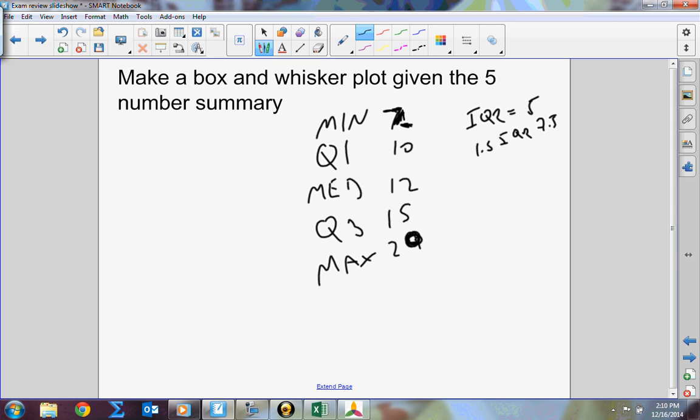All right, you can plot your 7 and your 20. Remember, you're going to have a horizontal axis down here with numbers, and then this is at 7, 8, 9, 10, and this is at 15.